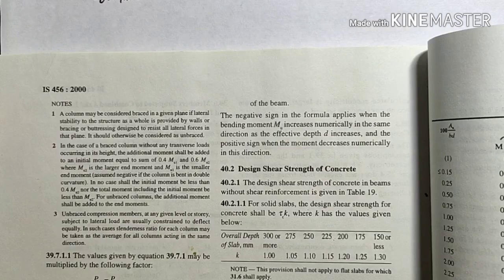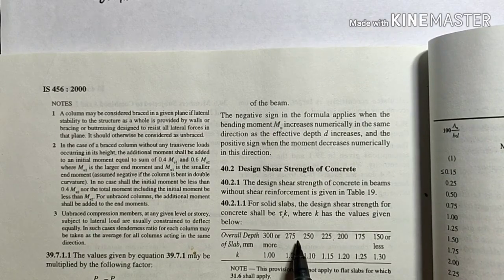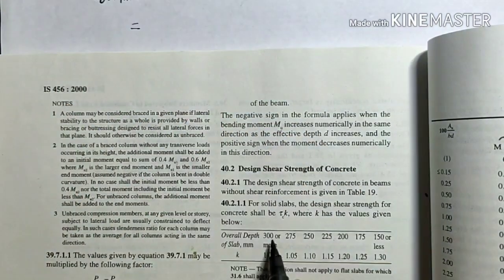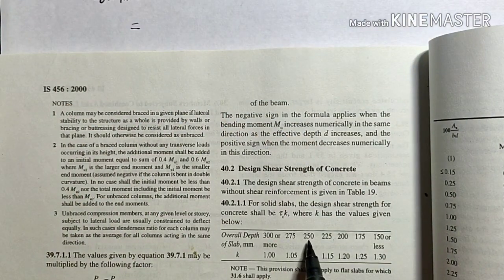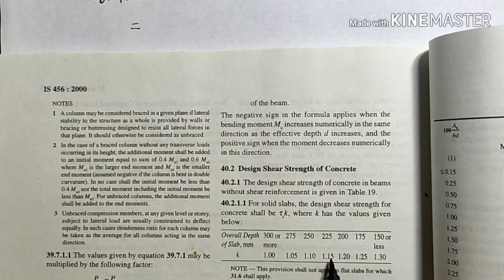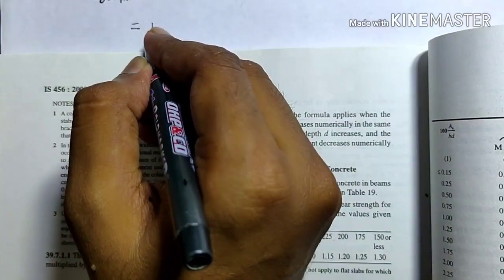Here we need to find the value for 270 millimeter. So it will be written as 270 lies between 275 and 250, and the value is in increasing order from here. So let's write it here 1.05.